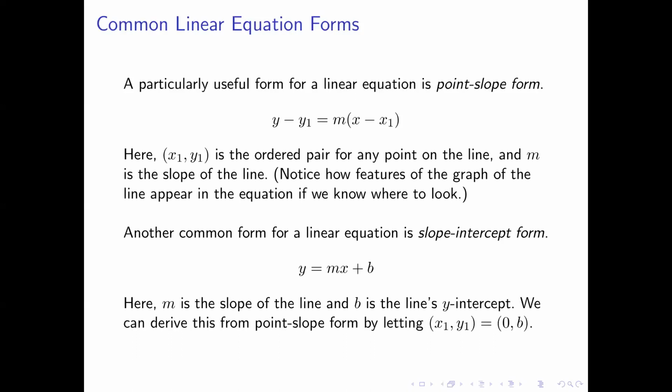It's worth noting, by the way, that you can get slope-intercept form from point-slope form. If the point you know is on the line, the point (x1, y1), is the y-intercept of your line, then slope-intercept form and point-slope form look pretty much exactly alike. Point-slope form is just a little more general because it allows you to work with any point on the line. It doesn't have to be the y-intercept.